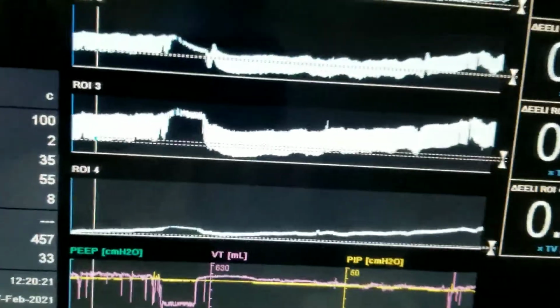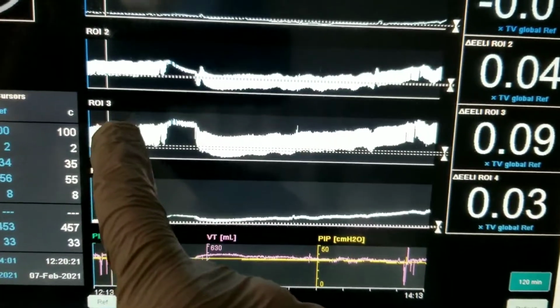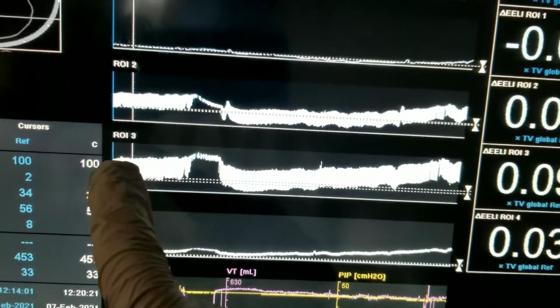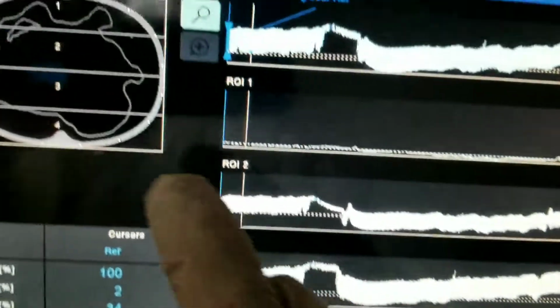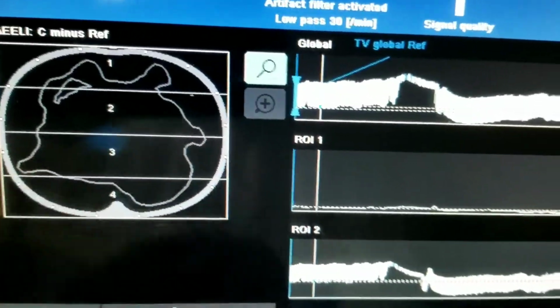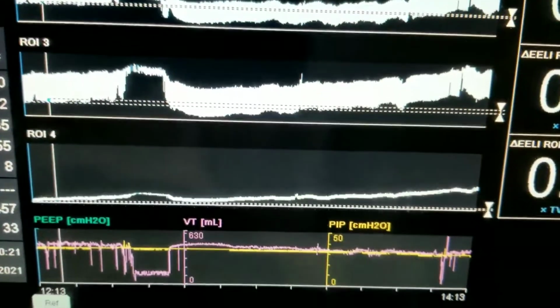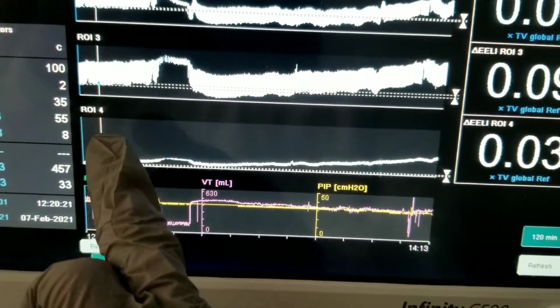So let's say region 3, for example. Region 3, comparing this to this, as we scroll across, you're going to see in region 3 probably blue appearing here. And this applies also for the dorsal region that we're seeing right here.